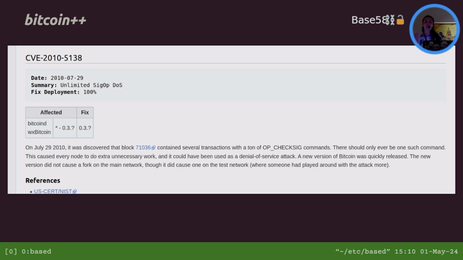So in some ways, sigops is one of the few places in Bitcoin today that we have limits placed on the amount of execution that's allowed inside of Bitcoin script. I don't know if it was exactly related to this problem that they then added the sigops limit.